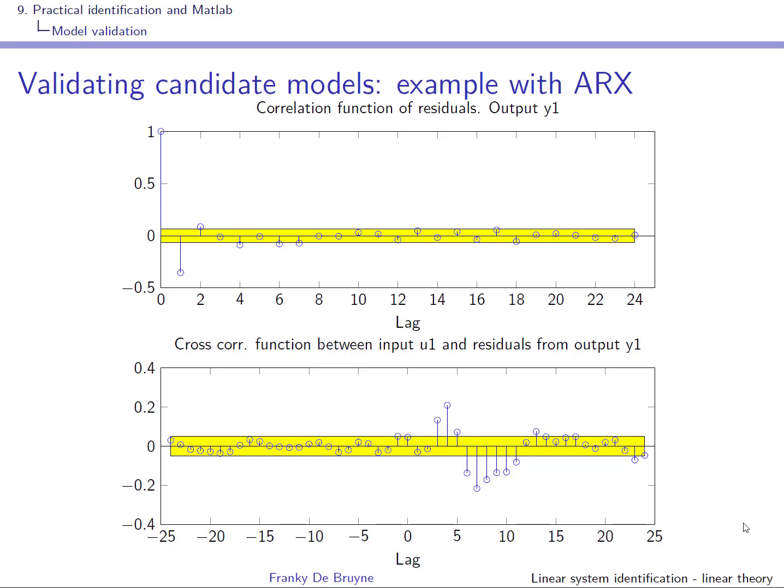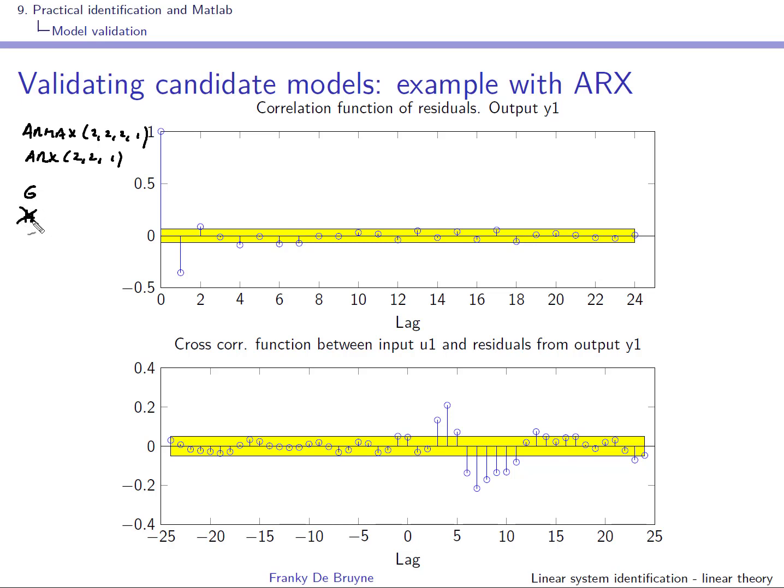Well, remember that the true system is Rmax, right? And then it is 2, 2, 2, 1, and here we have used an ARX 2, 2, 1. So this means that G can be modeled exactly, but that H cannot be modeled exactly.